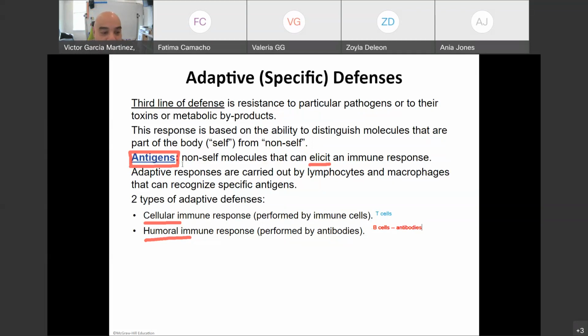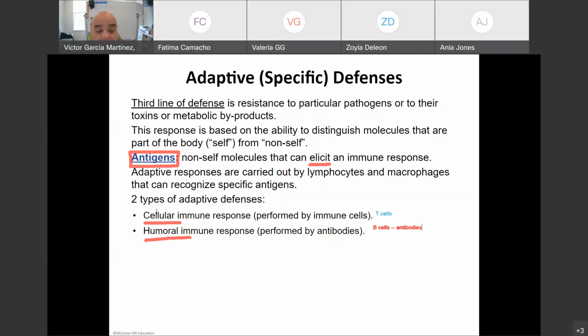Again, an antigen is a substance that stimulates our system. Anything we have in our body, it could be own, it could be exchange, and it's going to be able to wake up our immune system. It's called antigen. And we have two kinds of defenses against these antigens.